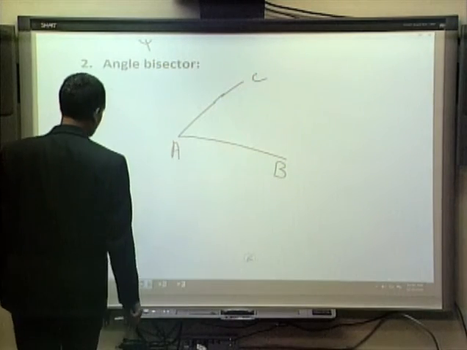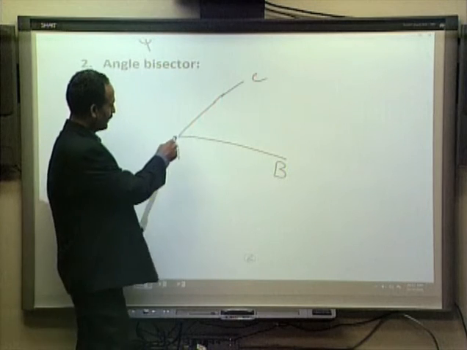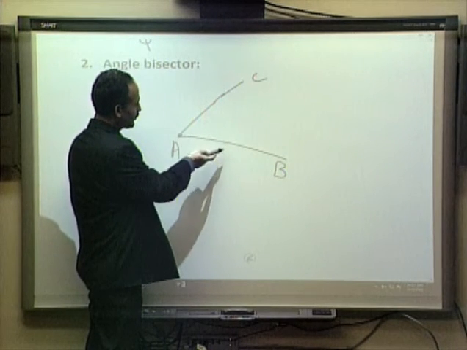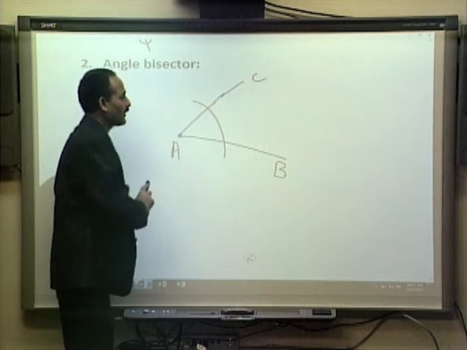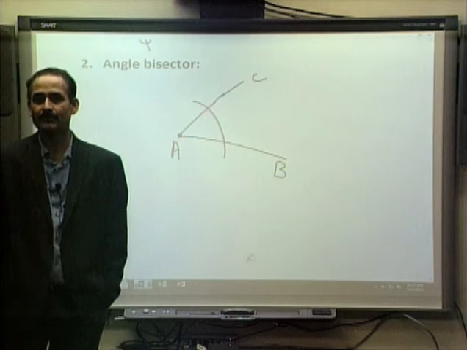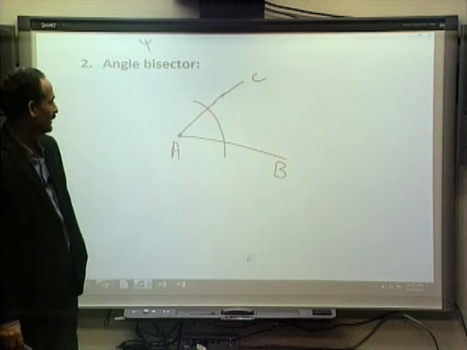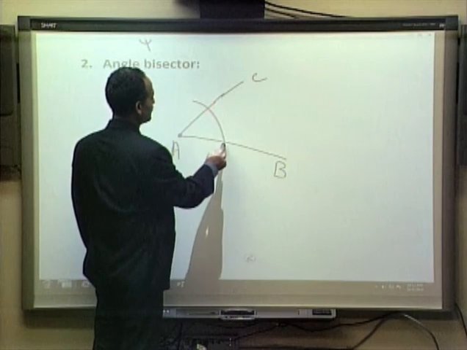In order to do this, again we will be using a compass. Put one end of the compass here and draw an arc cutting the lines AB and BC both. Draw an arc so that it will intersect AB and BC both.